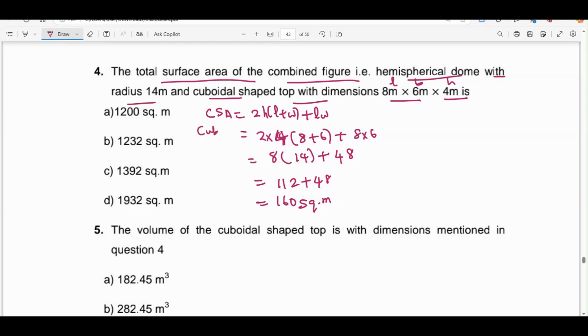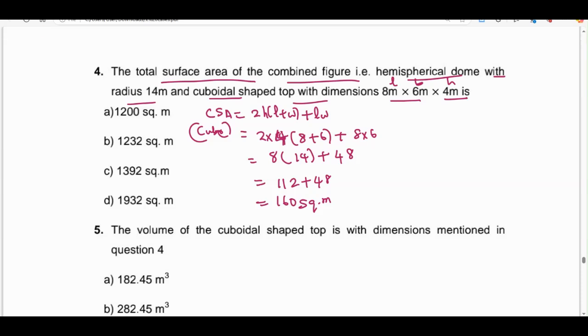Then the total surface area of the combined figure will be equal to the curved surface area of the hemisphere plus the curved surface area of the cuboidal shape. So here it is 1232 plus 160, that will be 1392 square meter. That is your option C.